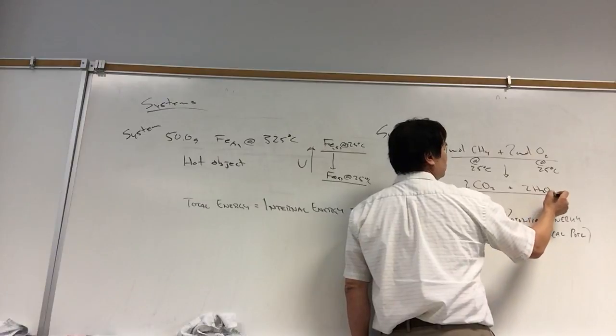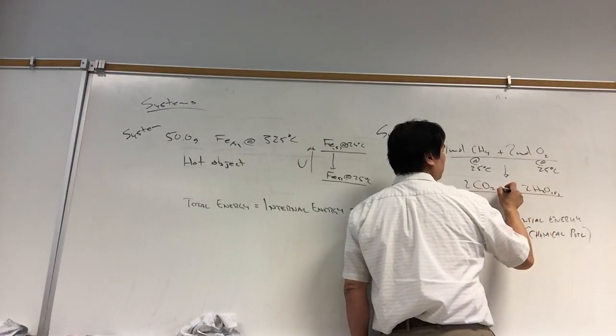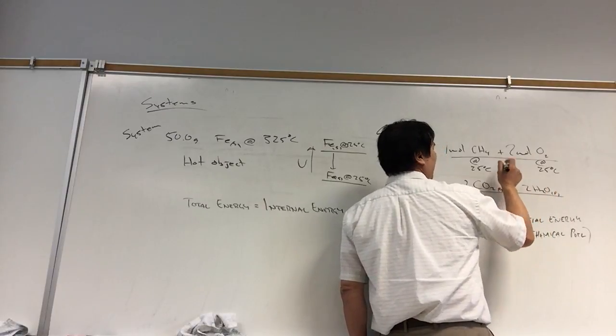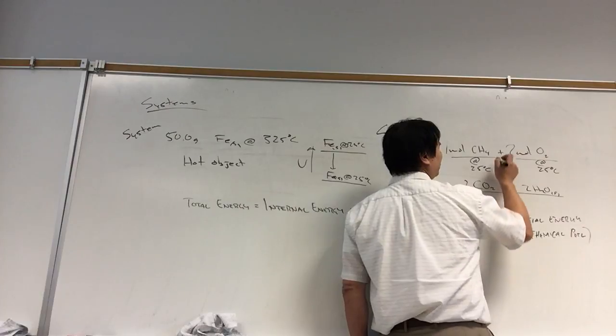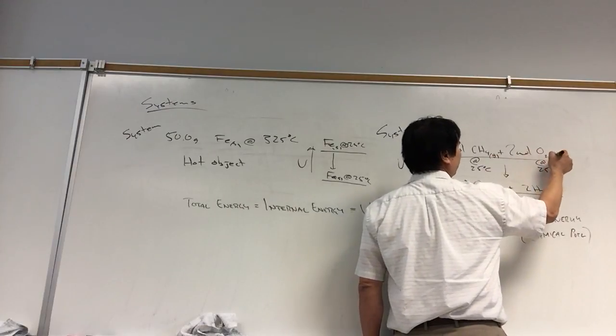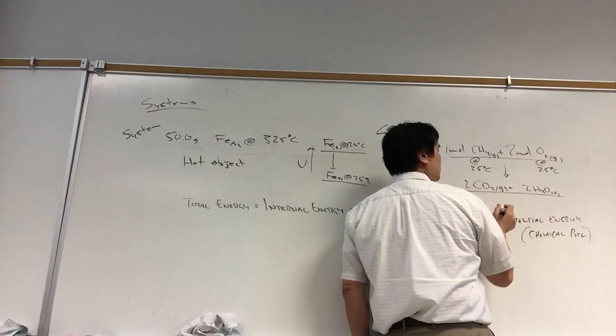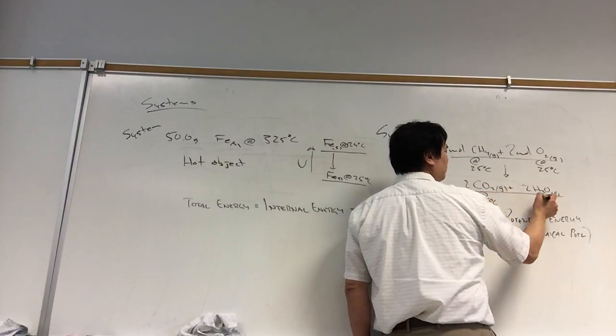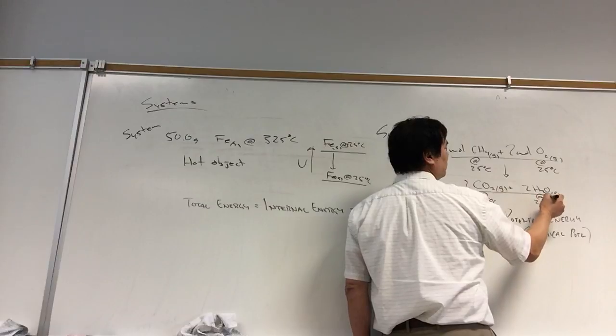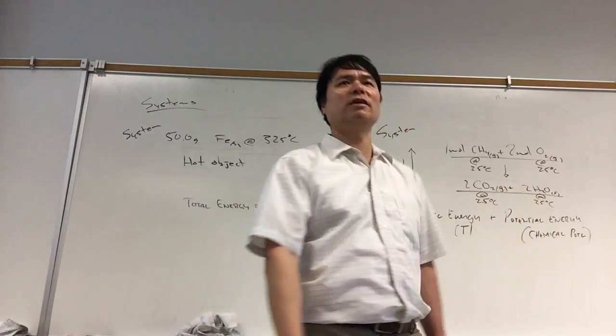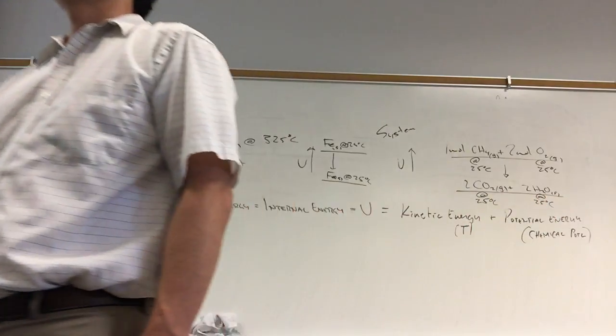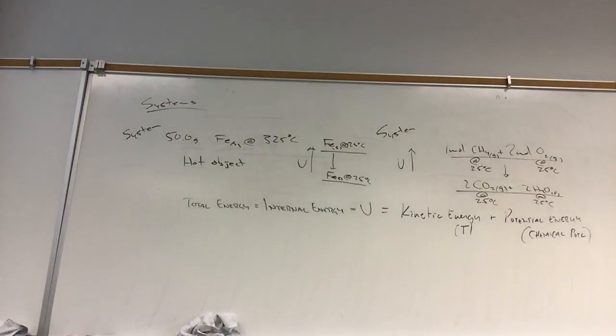We get two CO2s and H2O liquid. These are all gases, and eventually it's going to cool back down to 25 degrees C. Is it going to stay hot forever? No, it's going to cool down to 25 degrees C.